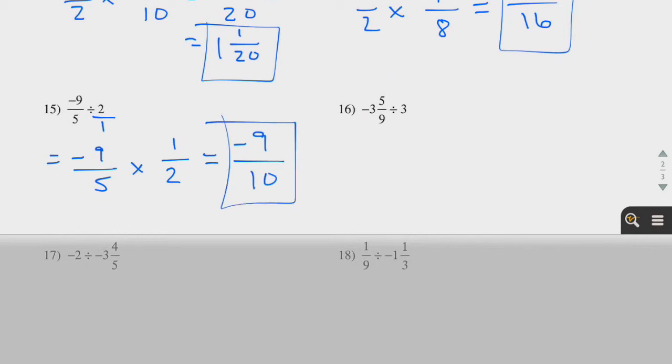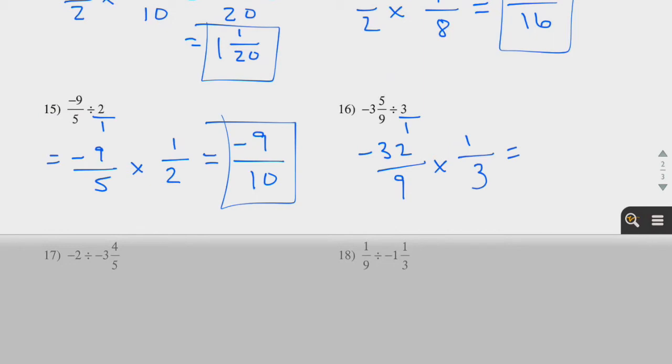Number 16. Negative 3 and 5/9 divided by 3 over 1. So let's go ahead and rewrite that negative 3 and 5/9. 9 times 3 is 27. 27 plus 5 gives us 32. So we end up with negative 32 over 9 times 1 over 3. 3 does not go into 32 evenly, so we just multiply straight across.